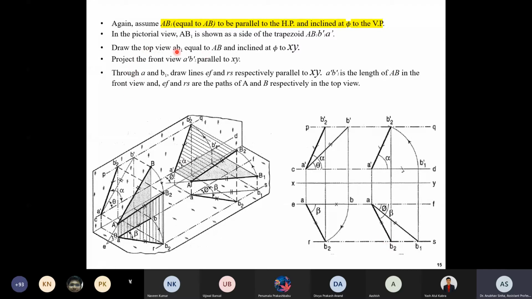So first you draw the top view, which is inclined at phi. Then you make the front view which is parallel to XY, and again you will draw lines EF and RS. So now we are rotating it in this view, and this is the line where B moves in the top view.